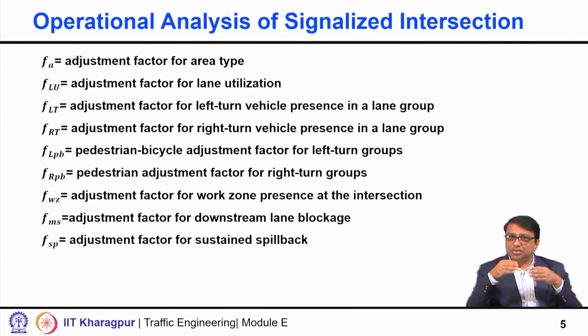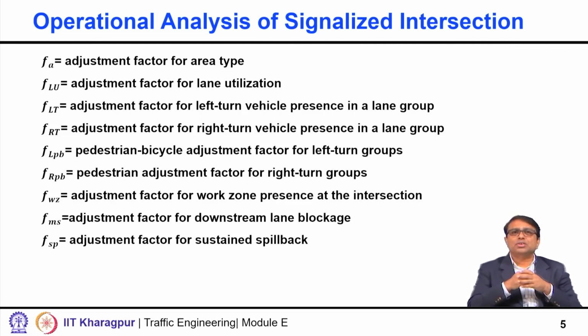Traffic is getting discharged and entering one approach, and if all the lanes are not available, suppose one lane is blocked, the lane blockage may happen due to several reasons. There may be activities like work happening or some other event going on, so the lane is blocked, and that will impact the saturation flow or the discharge.